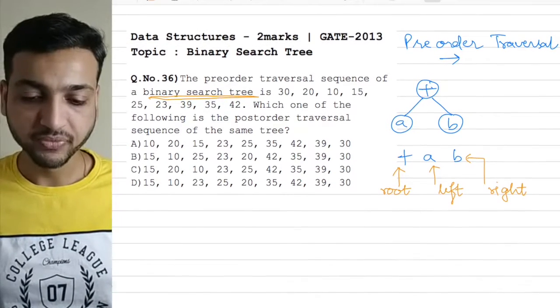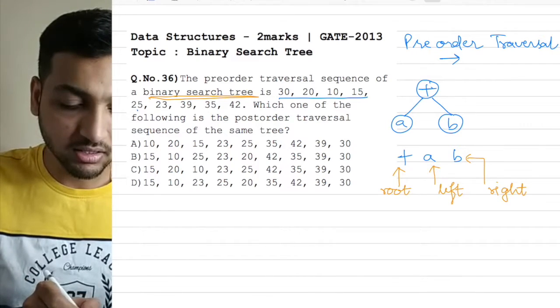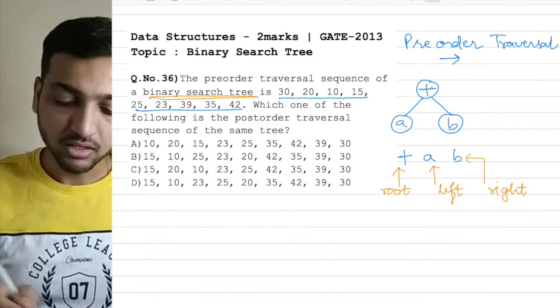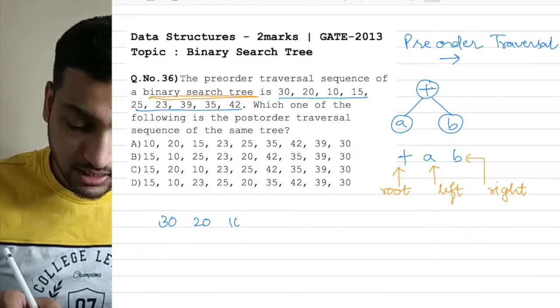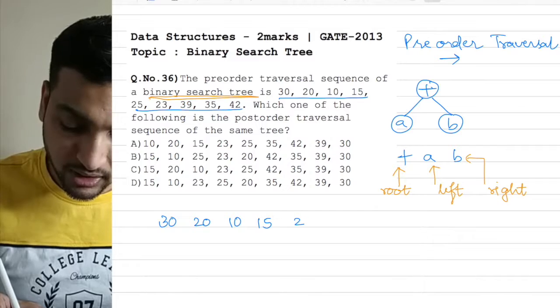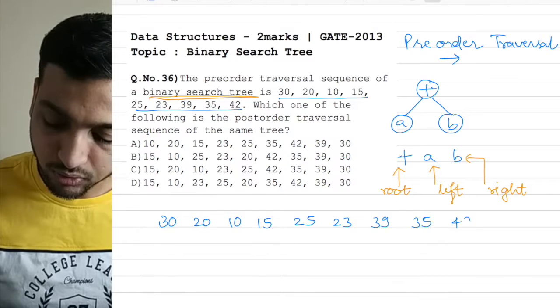Okay, now let me note down this pre-order traversal of the given tree. So let me just note down here 30, 20, 10, 15, 25, 23, 39, 35 and 42.